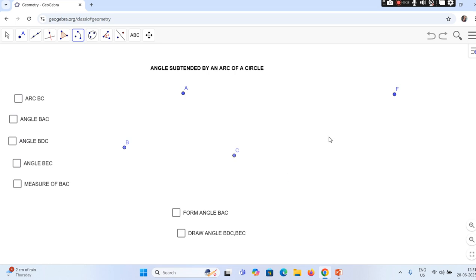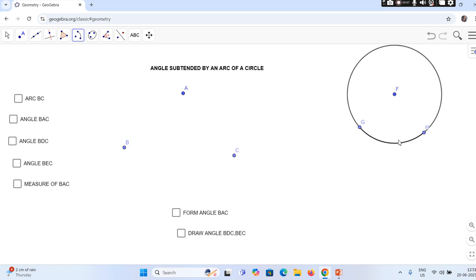For this, let's take a circle with center F. Now draw an arc. What do you mean by an arc? An arc is a portion of the circumference of the circle. See, I am taking which portion? GH.